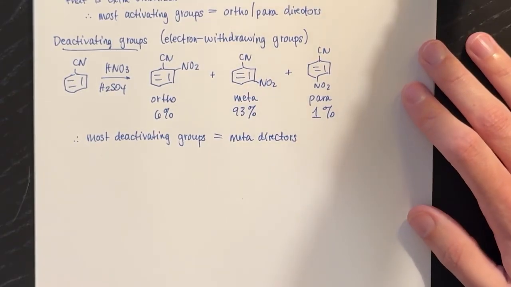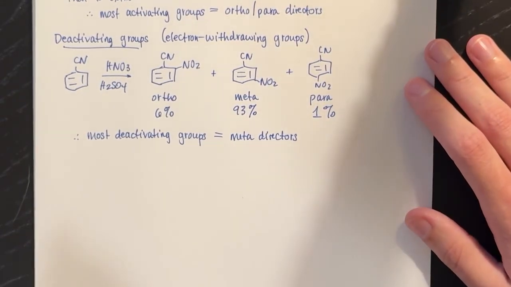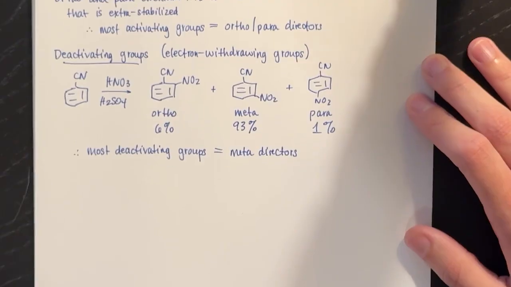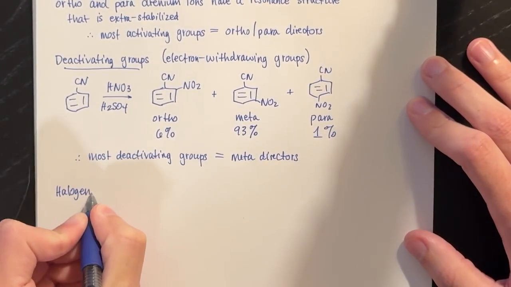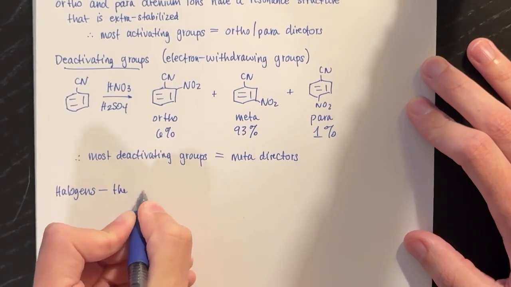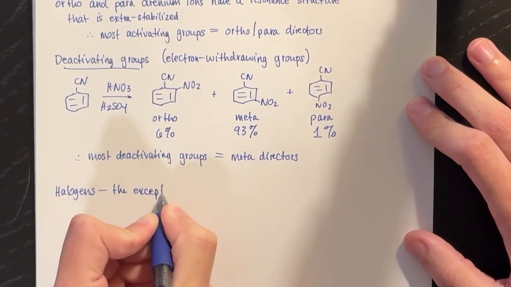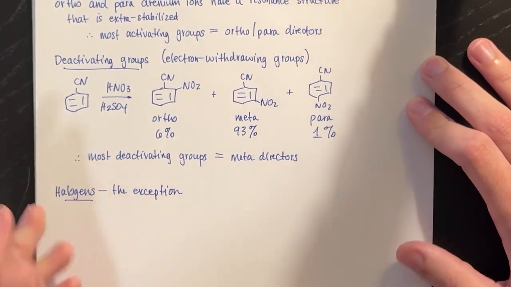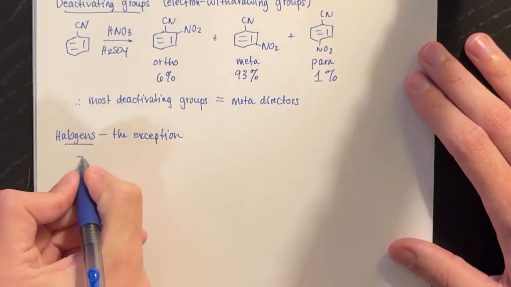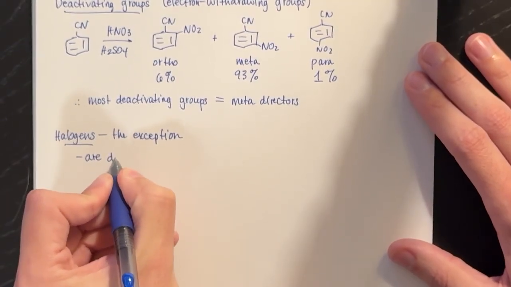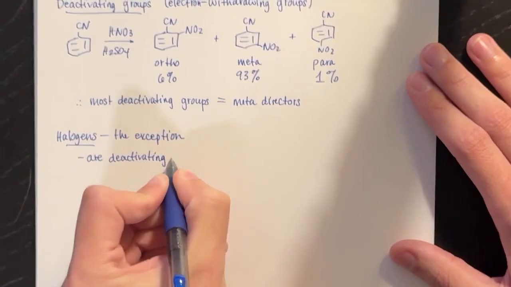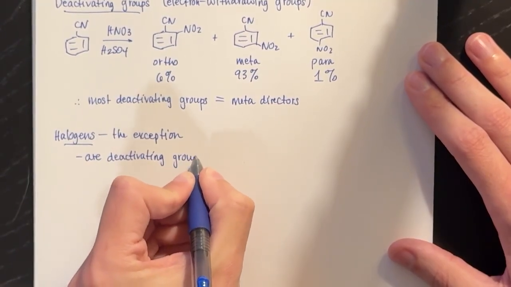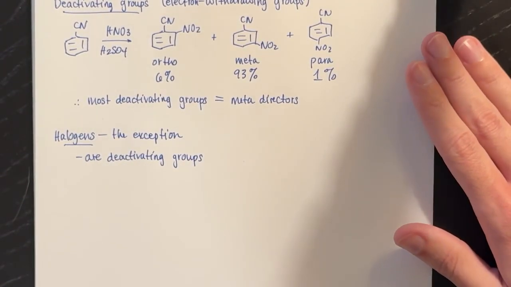Okay, as with all rules in chemistry, there's got to be an exception, and there is an exception, and that is the halogens. So all right, so halogens are deactivating groups.